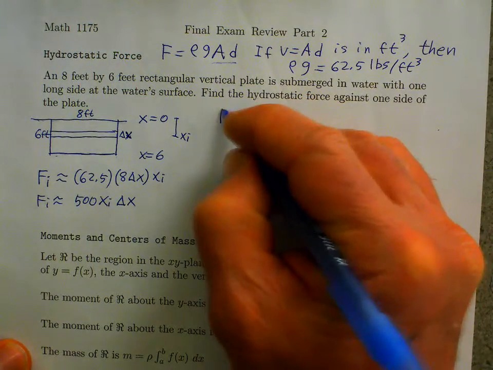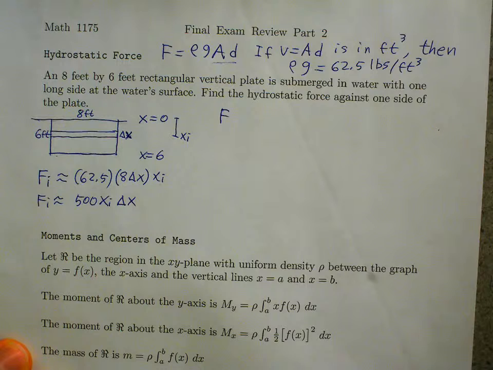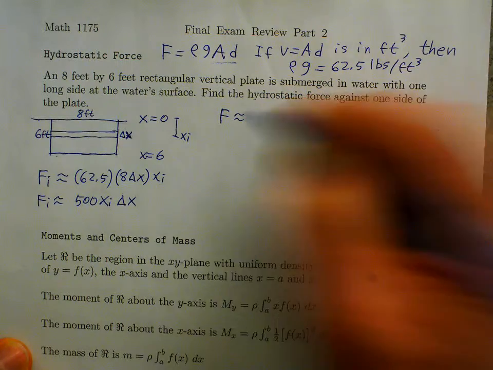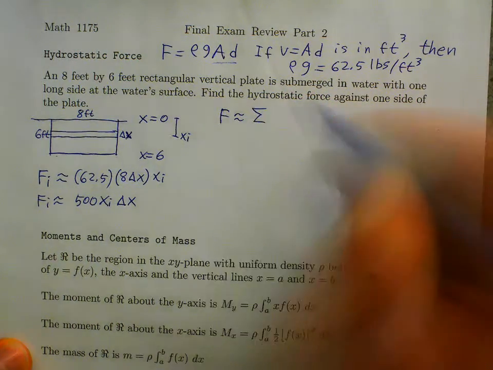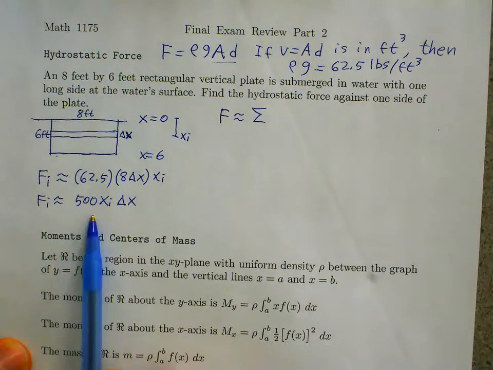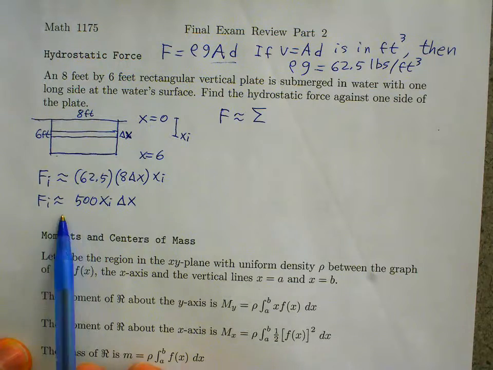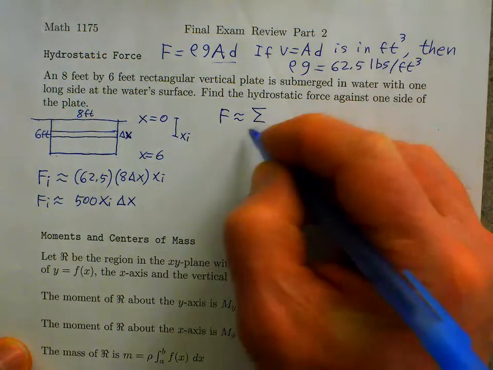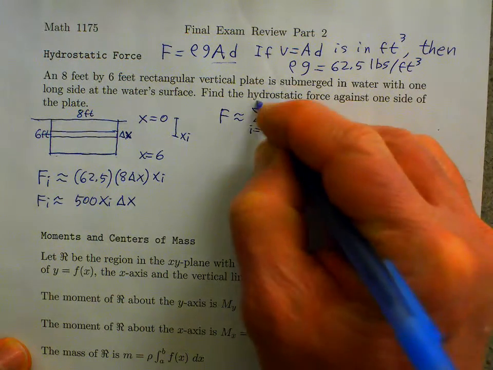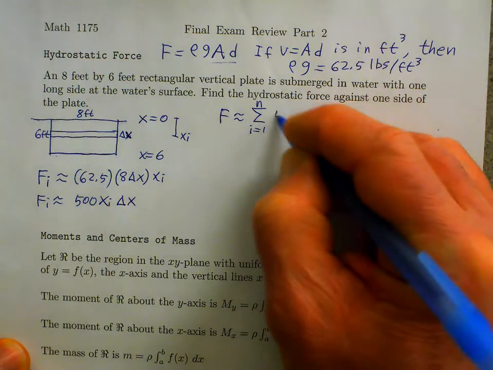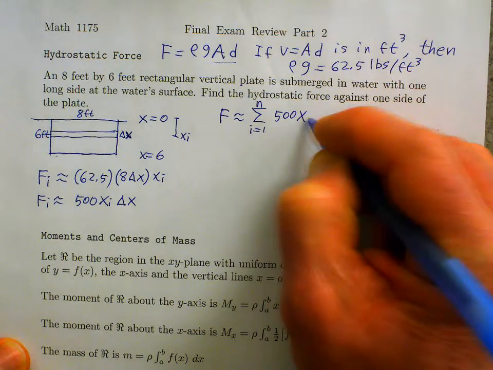The hydrostatic force on one side of the entire vertical plate is approximated by adding up all of those hydrostatic forces of the n rectangles. So from i equals 1 to n of 500 times x sub i times delta x.